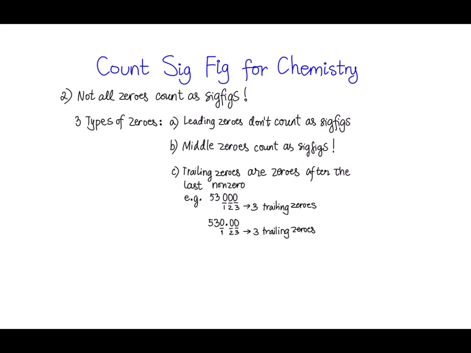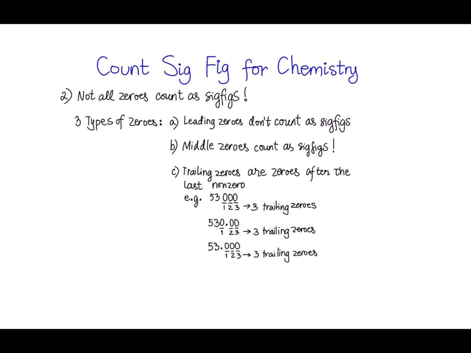Again, there are 3 zeros after the number 3, and it doesn't matter if there's a decimal point or not. As long as there are 3 zeros after the last non-zero digit, those 3 are considered trailing zeros, and it doesn't matter if it's found before or after the decimal point, all of them are considered trailing zeros.